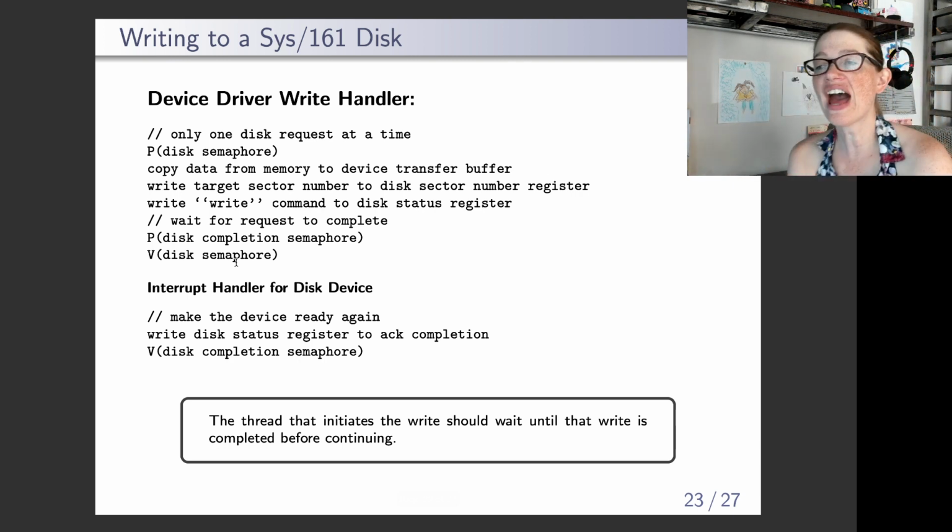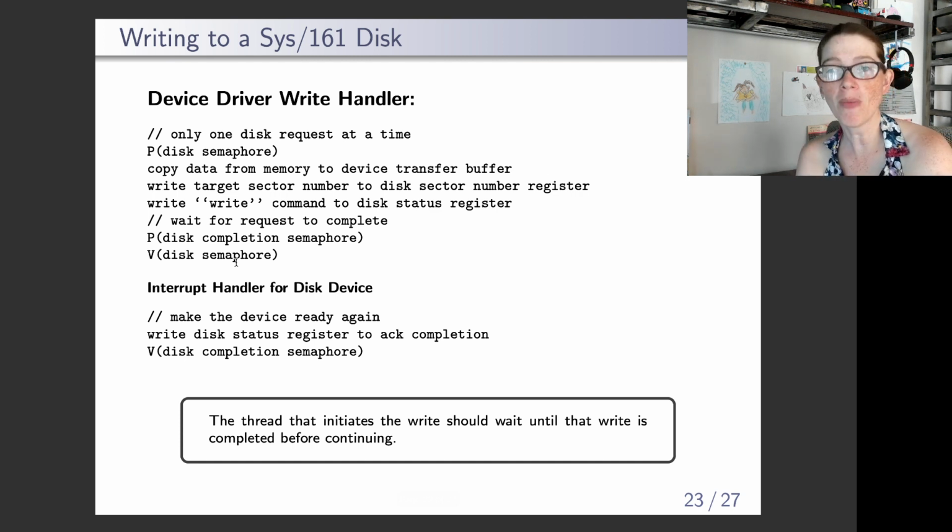So let's look at how we would write to this disk and read from this disk by implementing the device driver. So first off, we've made two observations. Number one, you can only do sector-based reads and writes on a disk. And number two, you can only do one read or write at a time on a disk.